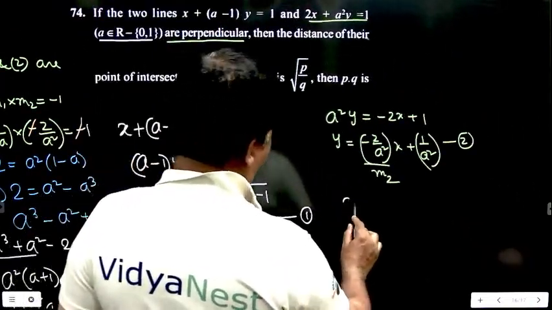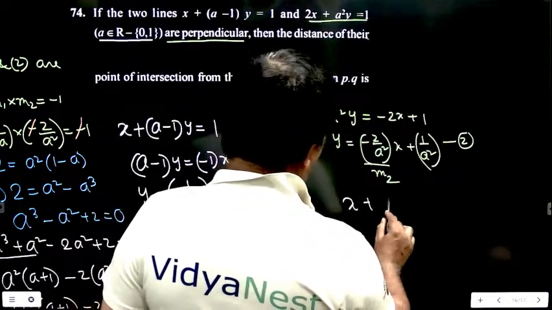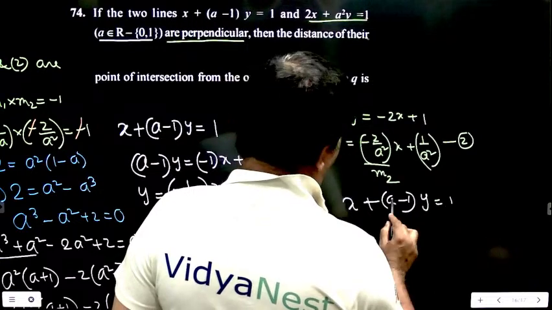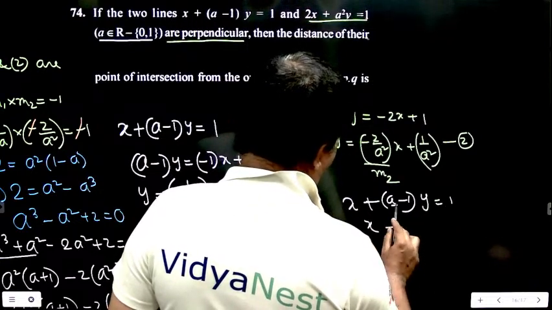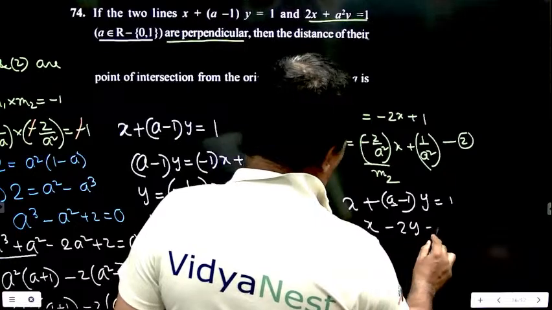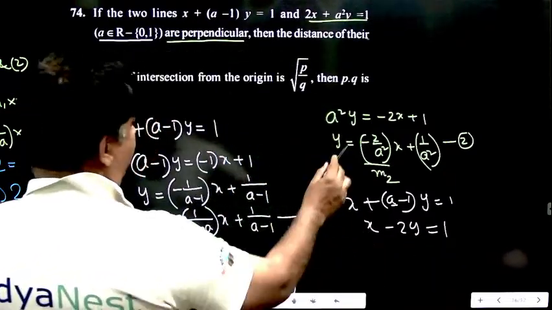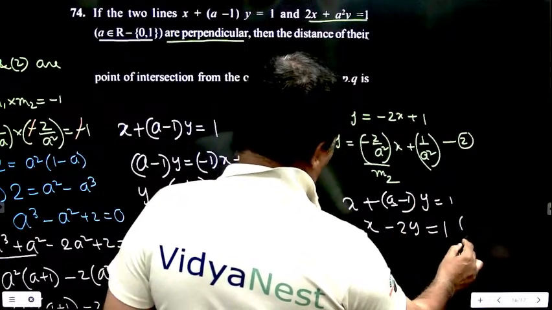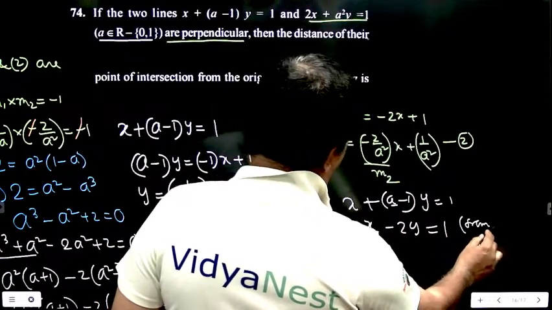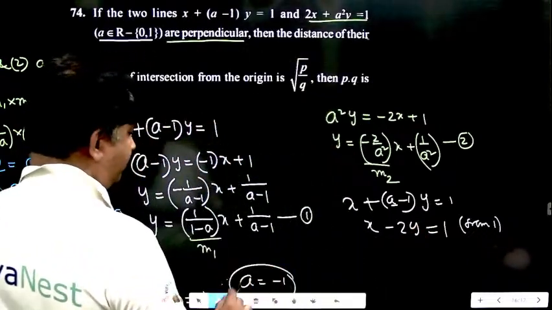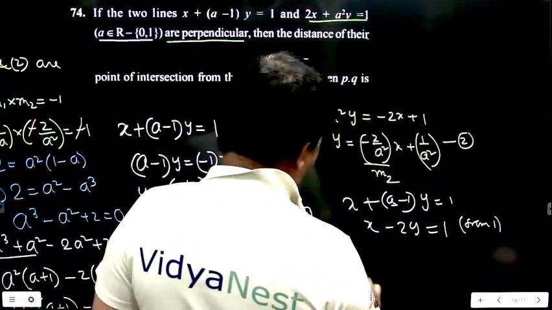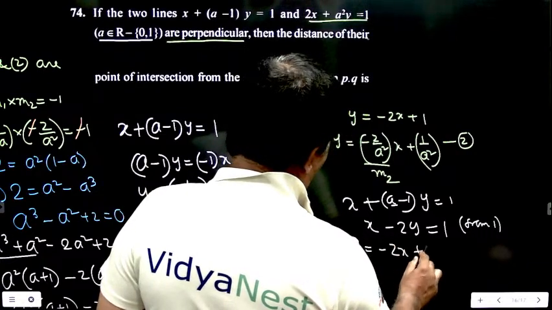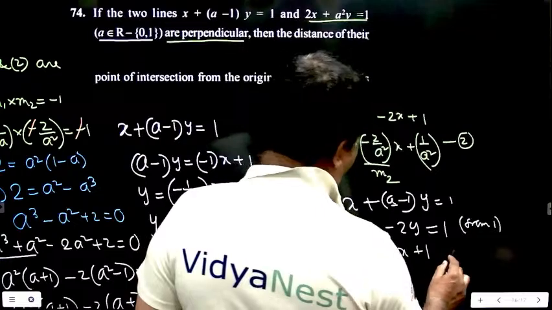So, x plus a y is equal to minus 1, x minus 2y is equal to 1. In this equation, you put minus 1. This is from 1. From 1 we get this. From 2, y minus 2x plus 1.